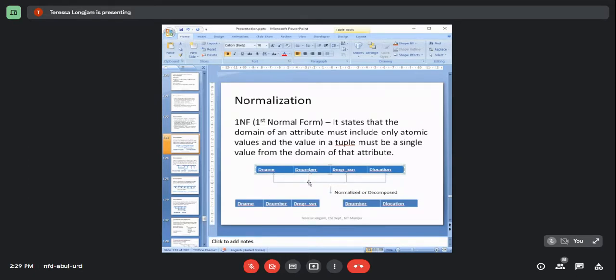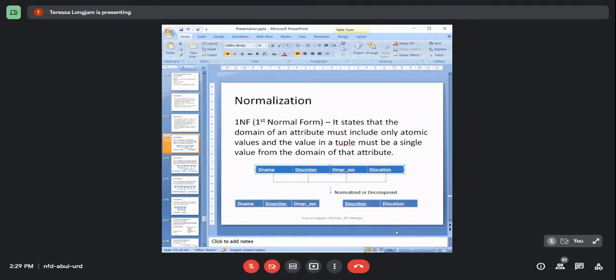There was only a single functional dependency where D name and DMGR and D location were depending on D number, isn't it? So here you can also see D name and DMGR are still depending on D number. And when you have some values for D number, you are going to get some values of D location also, isn't it?